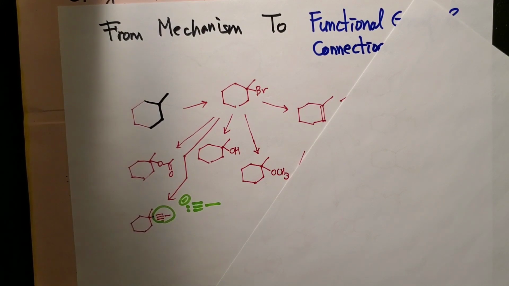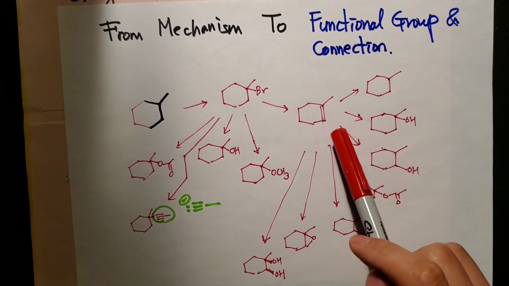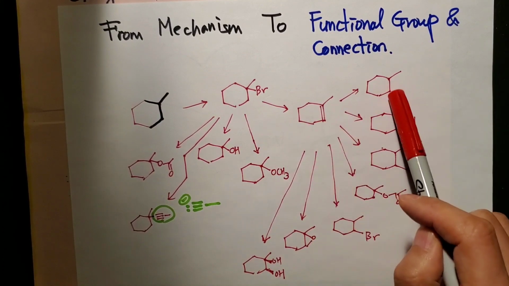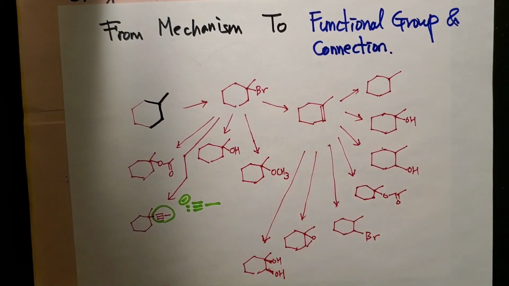Then we can even connect more. Let's try on this side of the double bond. You can connect all of these. Oh my God. Yes. So you can connect the alkane to the alkene. So if you ever need in your multi-step synthesis to reduce the double bond, that's the situation.